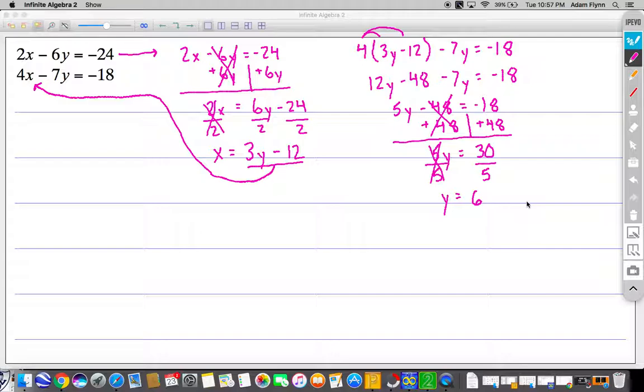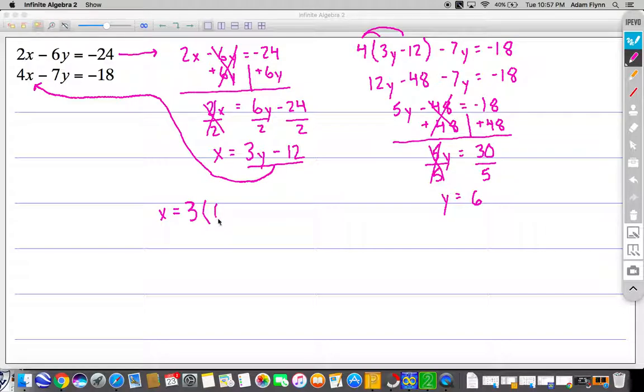So now that I know that y equals 6, I can take that 6 and plug it in for y in the top equation, the bottom equation, or this manipulated equation over here. So I'm going to choose this manipulated equation because it's probably the easiest to deal with in my mind. So I have x equals 3.